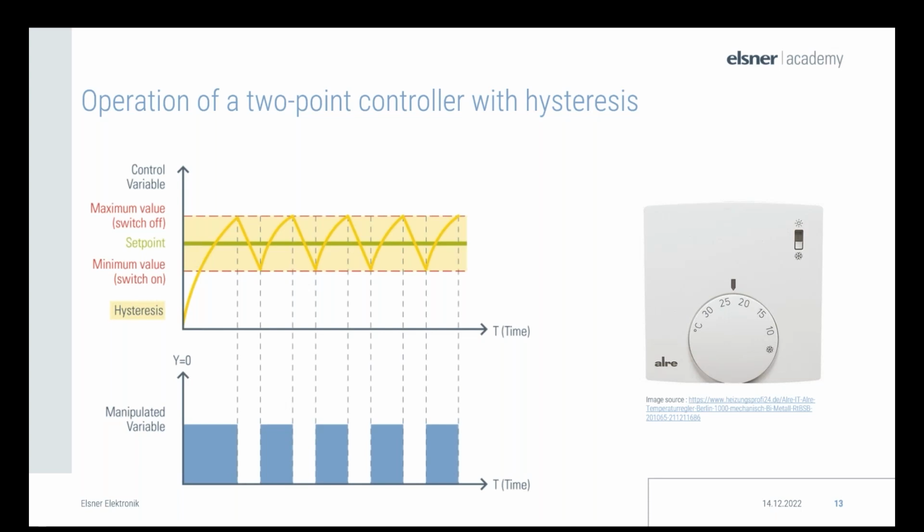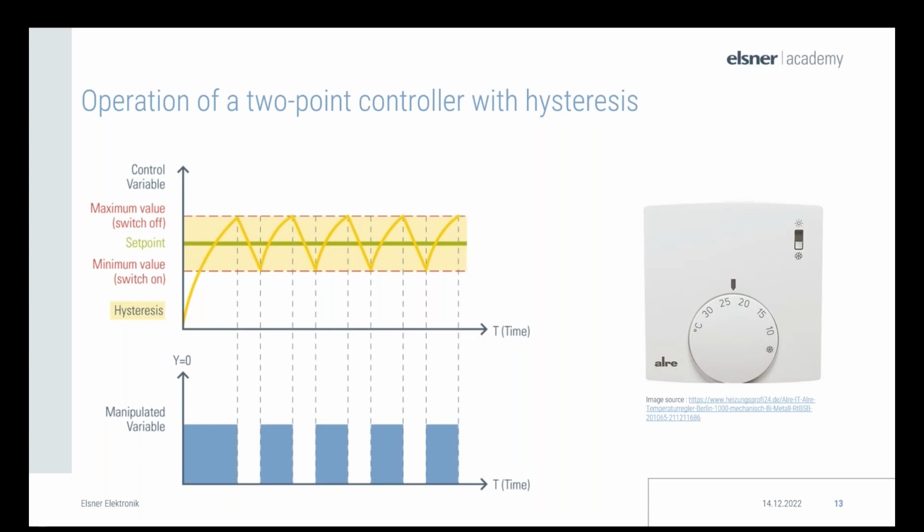At this point, I will continue with the operation of a two-point controller with hysteresis. In the above example, I have shown the function of the two-point control with hysteresis. The green line that you can see is the set point set by the thermostat, so it's 25 degrees. The red dashed lines show the hysteresis range, so the maximum value, but also the minimum value.